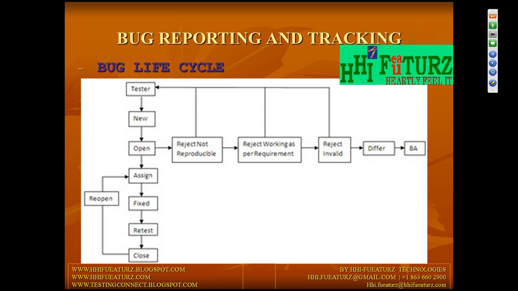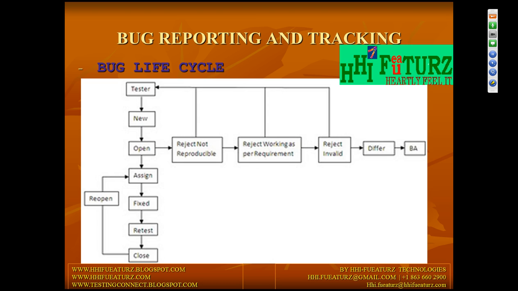So this is your bug reporting process, then severity and priority. Another step we missed during the bug reporting process is status. Whenever you report a defect to the development team, the status of that bug should be new initially.